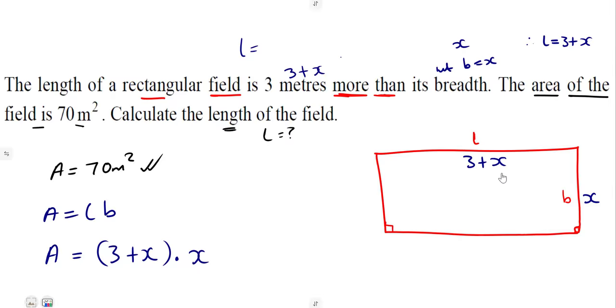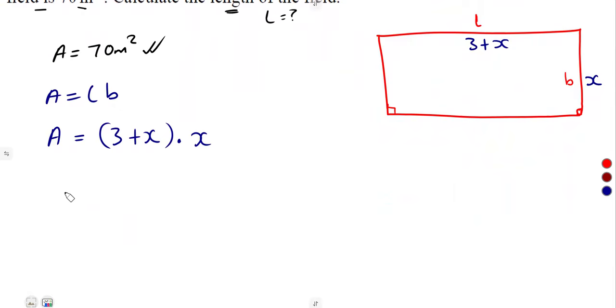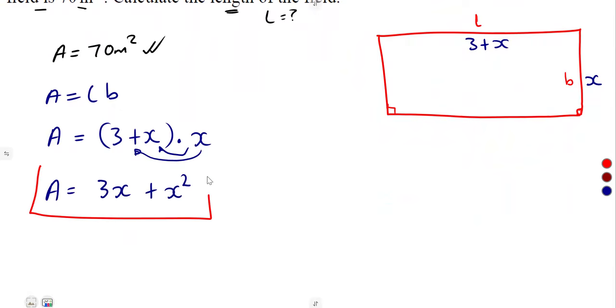We can form an expression to represent that area. Expand the bracket. X multiplies 3, that is 3x. X times x, that is x squared. We have an expression for the area.